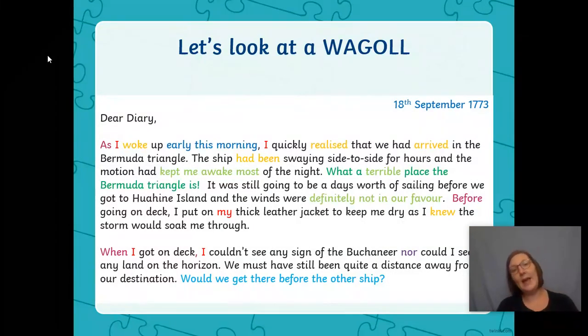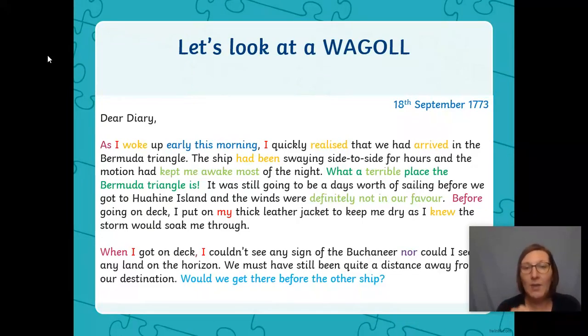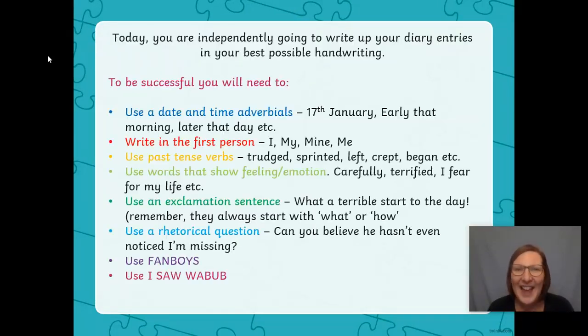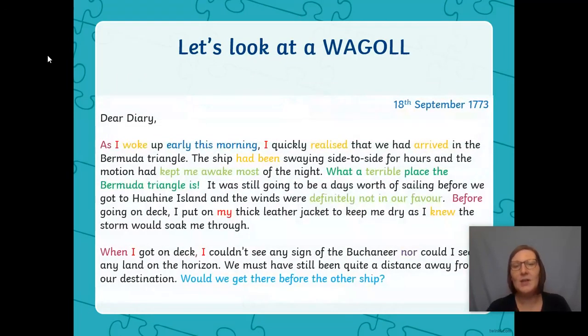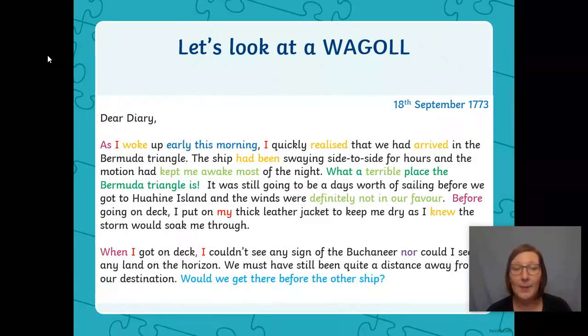So can you see here, we've colour-coded each of those pieces so you know that they link with that. And what you can do is keep looking back through this and seeing, oh, that bit is for there and that bit is there, okay? So here, if we quickly click back, we've got the date and time. Can you see that the date and the time at the very beginning there is in the blue?